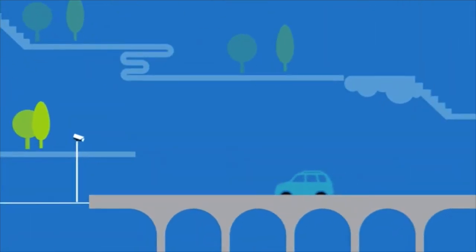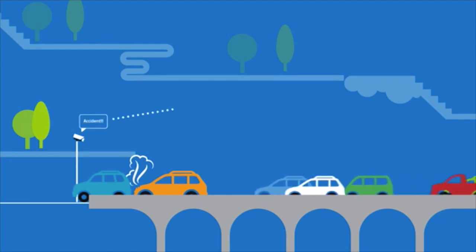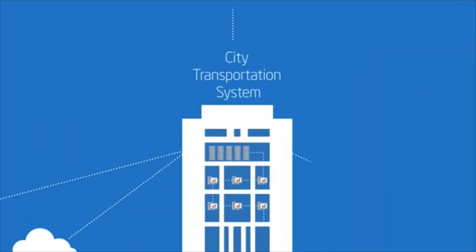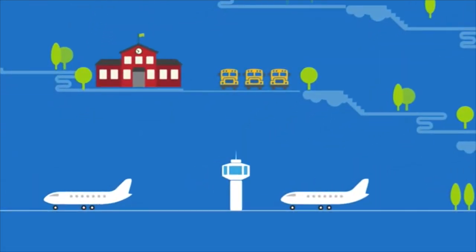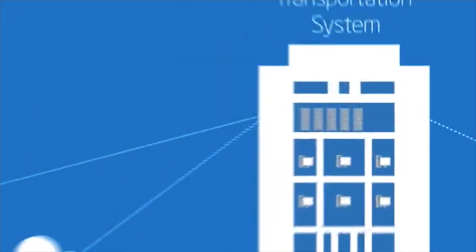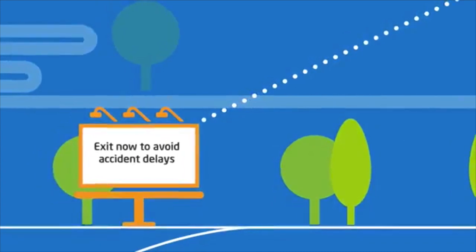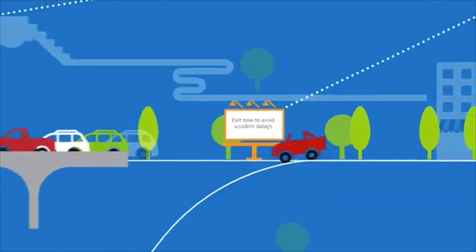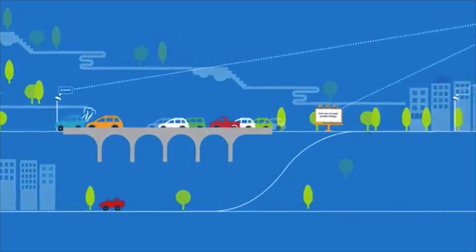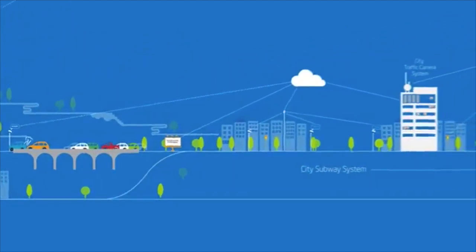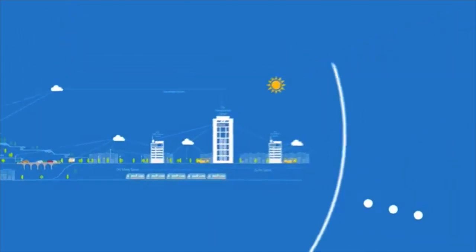For example, let's say the city's intelligent traffic system detects massive congestion due to an accident. That insight can be sent to the citywide transportation system, which can analyze the accident's impact on other city systems. Recognizing the accident is near the airport and 2 city schools, it could notify those systems so they can adjust flight and school schedules. It can also analyze and derive optimal routes around the accident and send those instructions to the city's digital signage system to guide drivers around the accident. And that's just one example of the potential benefits that can happen when intelligent devices share insight with other systems, forming ever-expanding systems of systems.